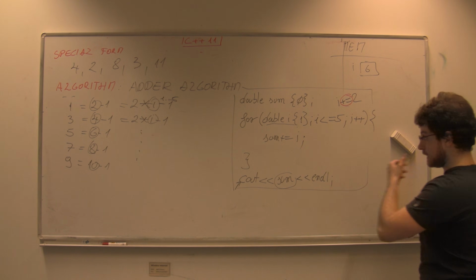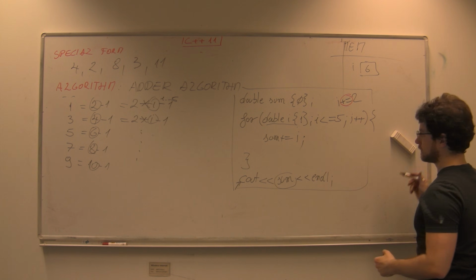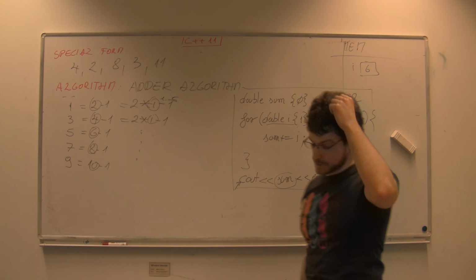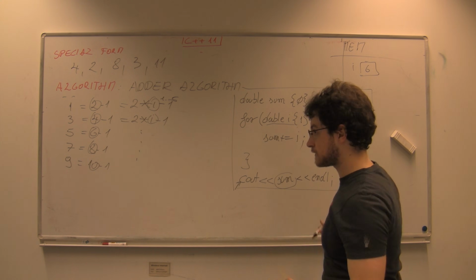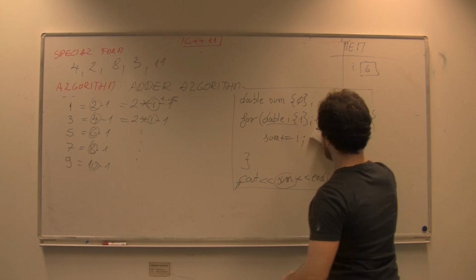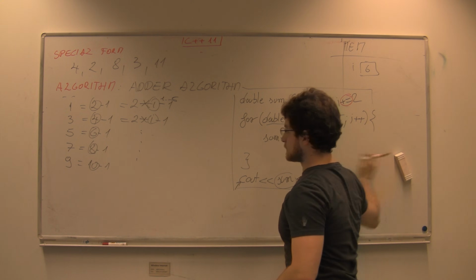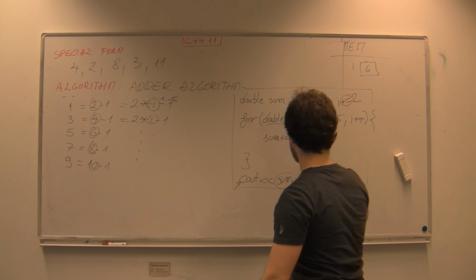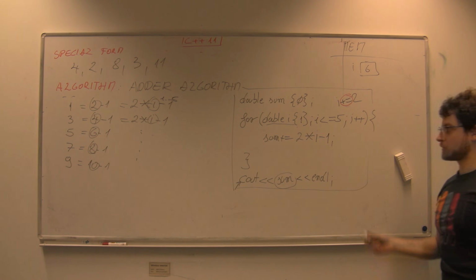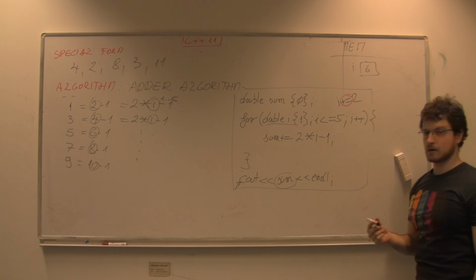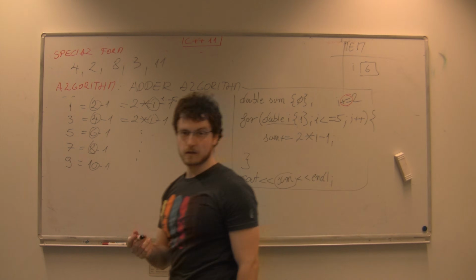And instead of incrementing by i, which would produce the sum of first 5 numbers, not odd numbers, we will write this expression, 2 times i minus 1, which will have the same effect as the stuff we wrote before.